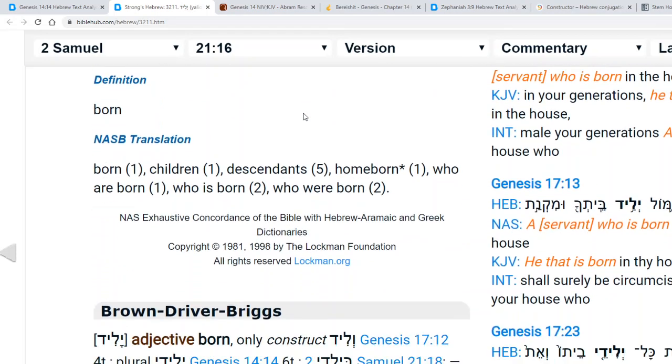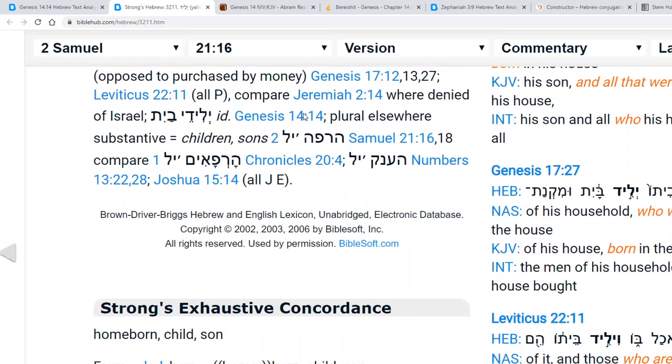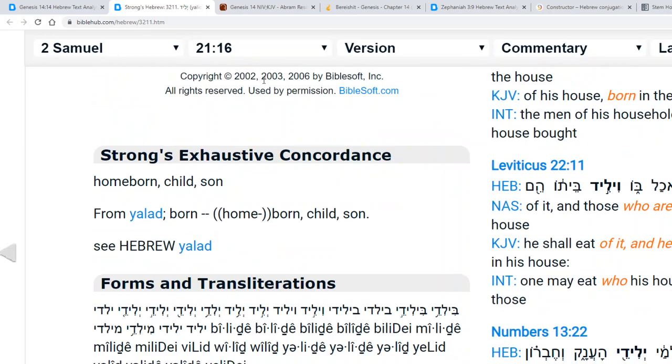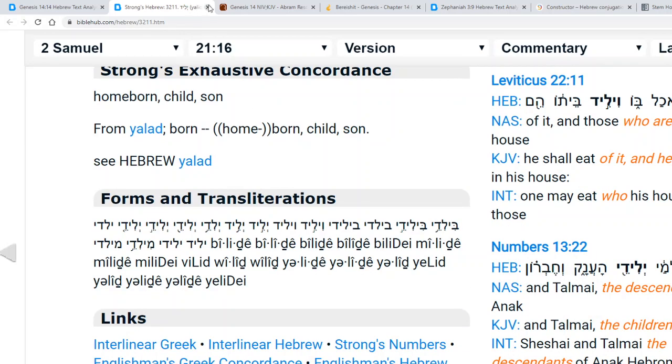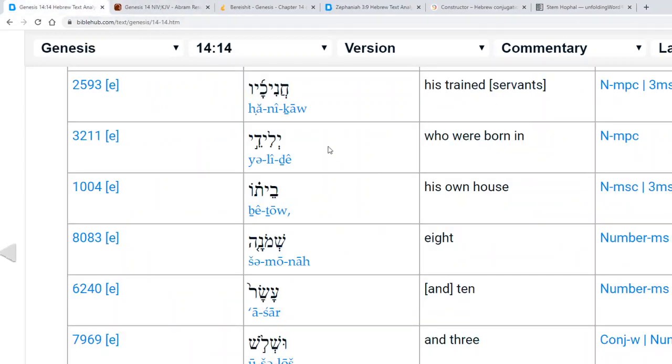Adjective, they're saying. Yelidei, people who are born. Again, the root for being born is a little bit complex. We've talked about it. Yelidei beito, people who were born in his house. I agree with that, definitely.